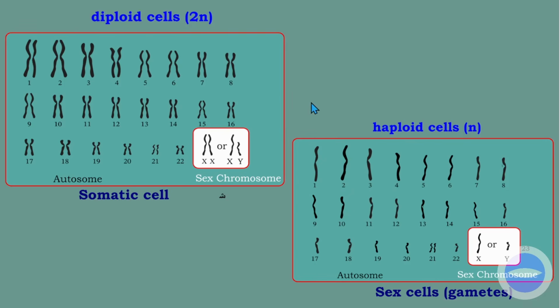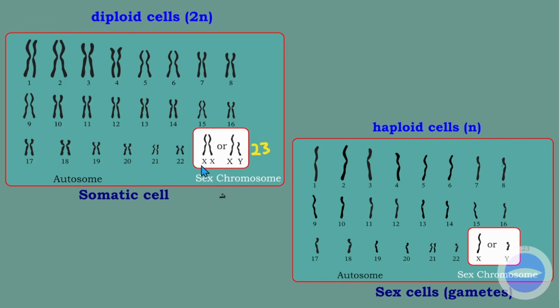That means this one went through meiosis and we ended up with one chromosome. And chromosome number 23, we call it the sex chromosome or gonosome. So this is number 23. These are the chromosomes that determine the gender of the organism.